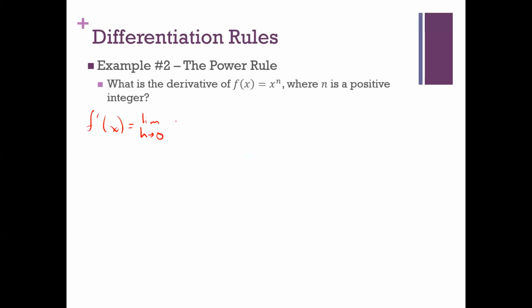So the limit as h approaches 0 of f of x plus h minus f of x all over h. What is f of x plus h in this case? Yeah, x plus h to the power of n minus x to the power of n.